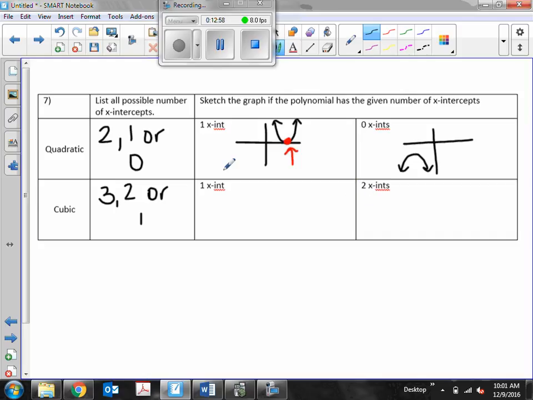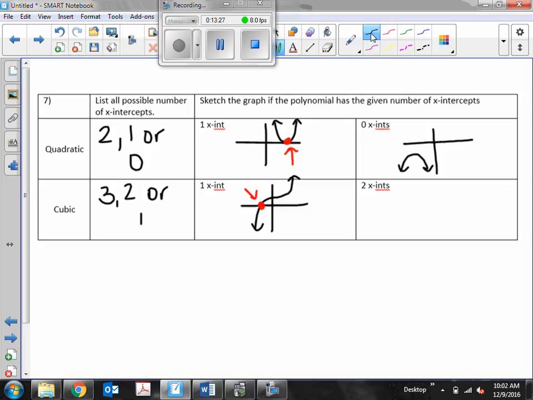So for the cubic, if I had 1 x-intercept, that means that it is only going to cross the x-axis at one location. Now, all cubics are going to have some sort of curve to it, but it is going to continue going up. So right here, this would be an example of where it would touch the x-axis or have 1 x-intercept.